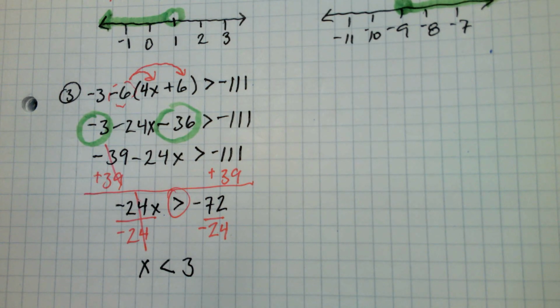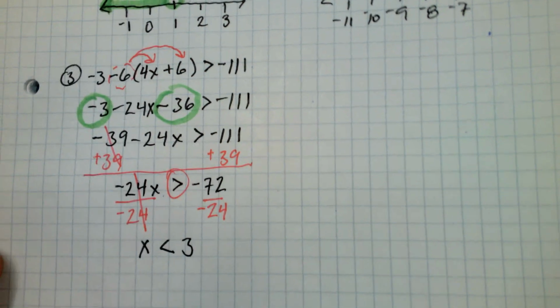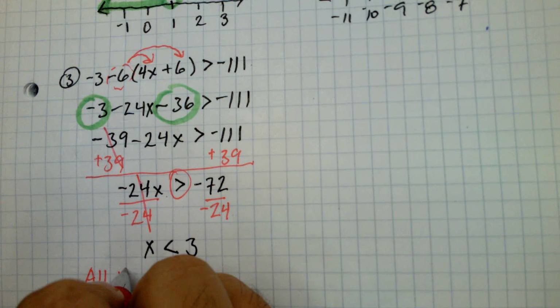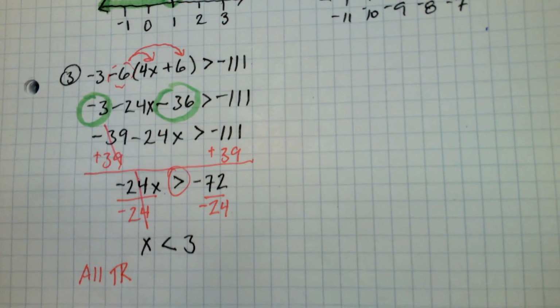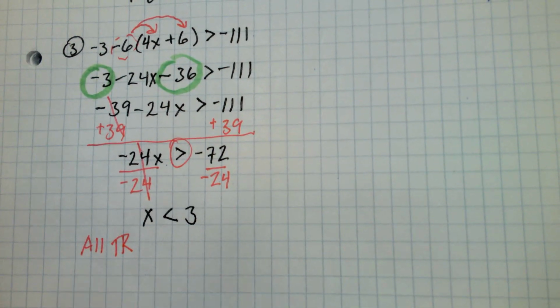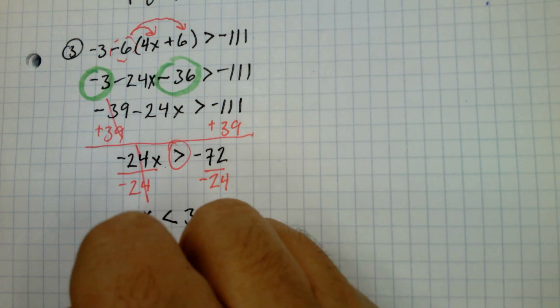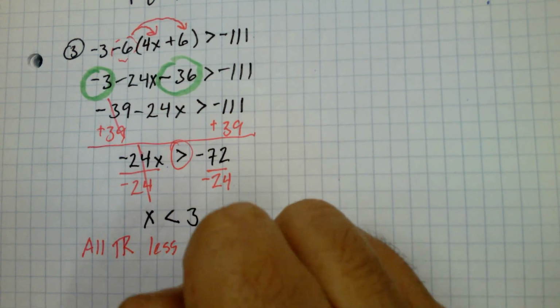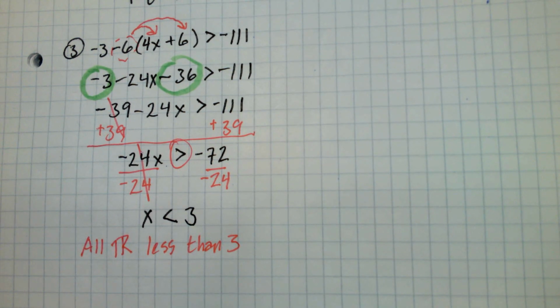So this time we're saying, let's write down our statement. All real numbers less than 3. Okay? All right.